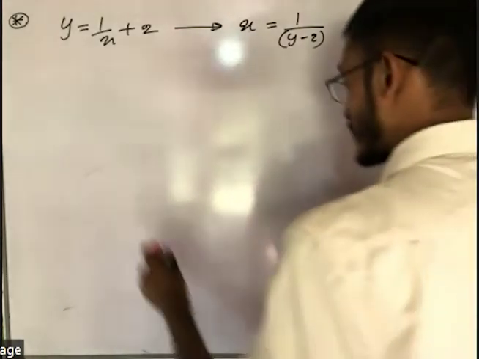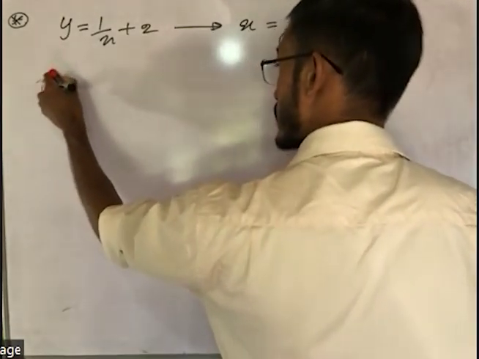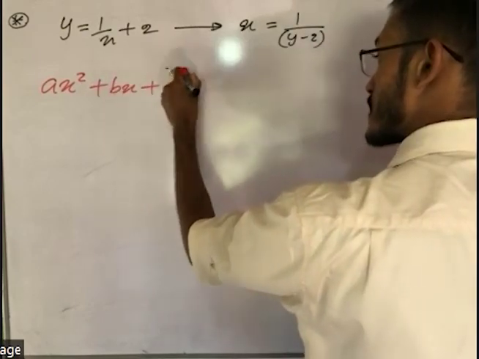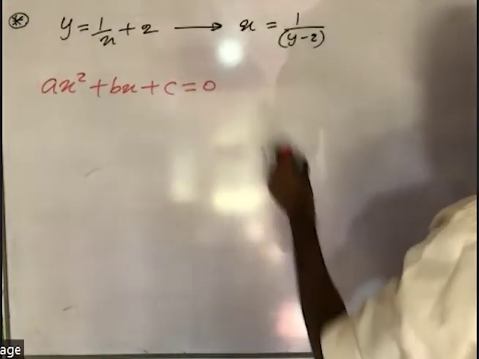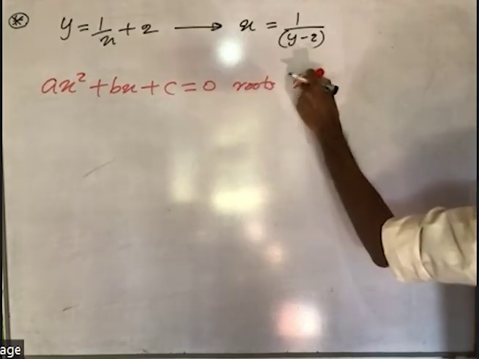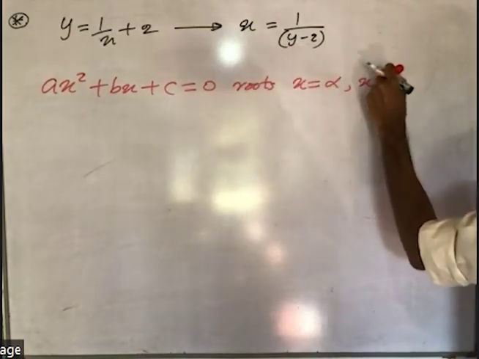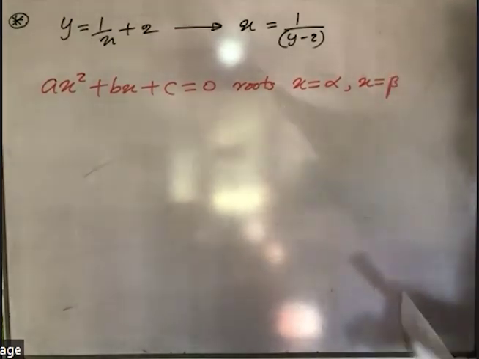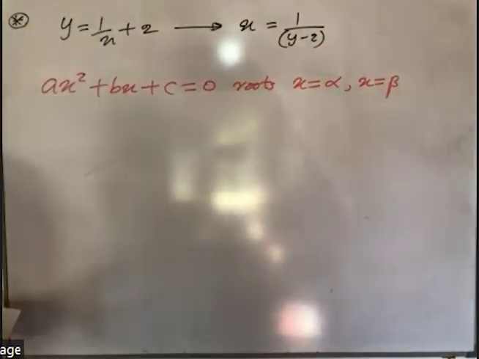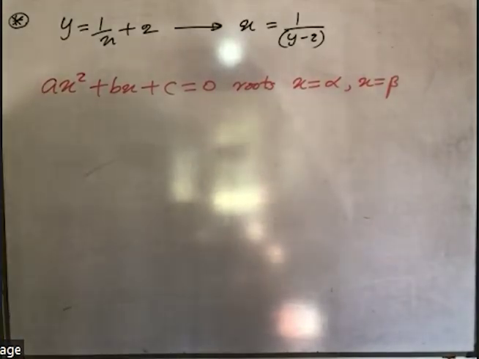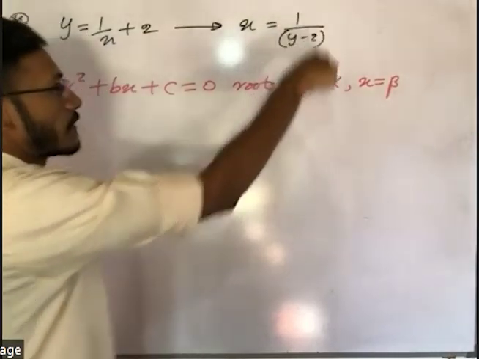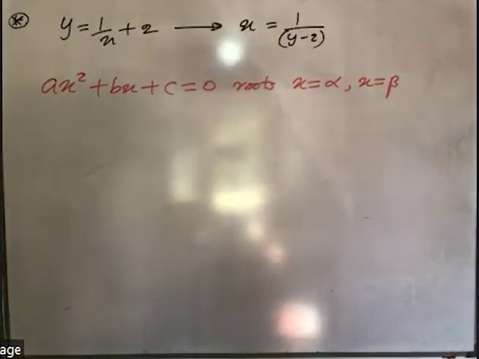So the given equation was ax square plus bx plus c equal to 0. Here the roots are x equal to alpha, x equal to beta. These are the two given roots. Now we can convert our variable from x to y, right? So when y equal to 1 over x plus 2, we can write x equal to 1 over y minus 2.